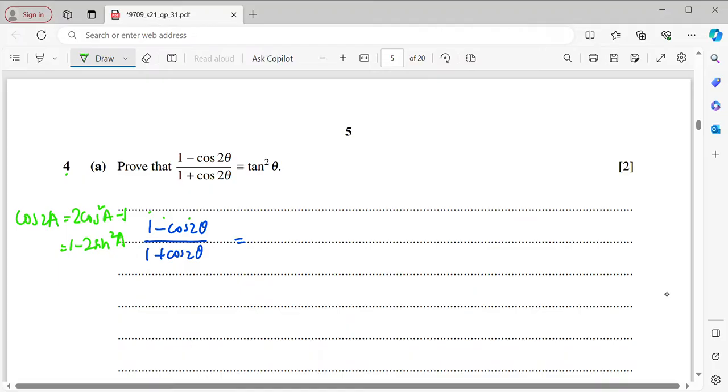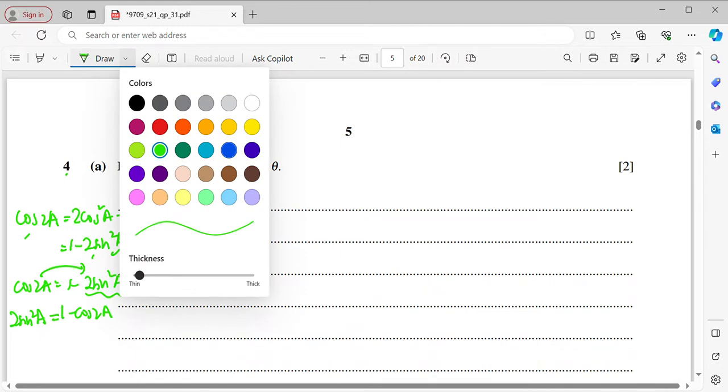That means I have to use the second form, because when I move the cos 2a to the other side, I'll be getting 1 minus cos 2a, and the negative 2 sine squared will be moved to the other side. So I will be using the second form to simplify the numerator.